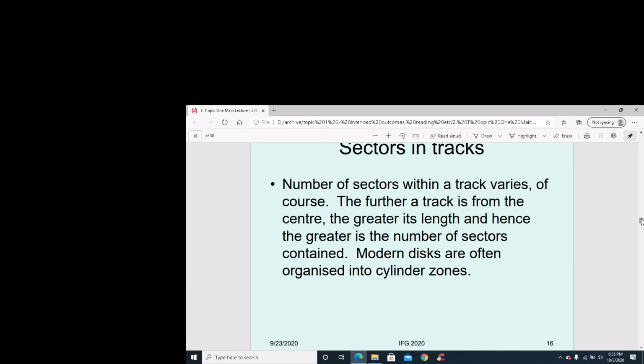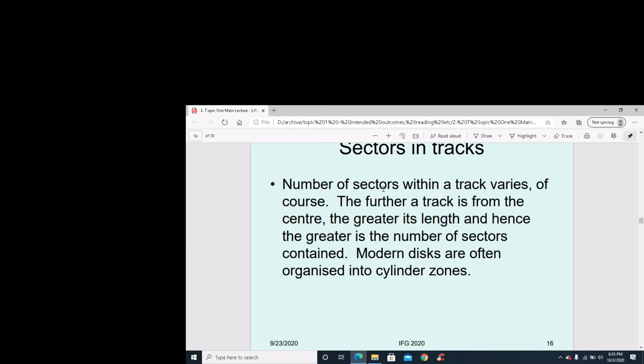Well, I've got a note about cylinder zones, and I'd like you to find out a little bit more about cylinder zones, what's meant by cylinder zone. The number of sectors within a track varies, of course. The further a track is from the centre, the greater its length, and therefore the greater the number of sectors it can contain.